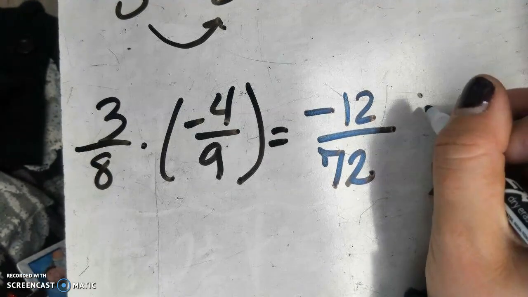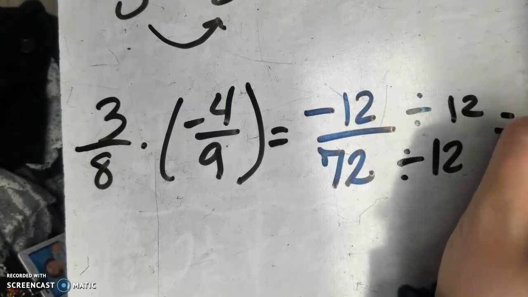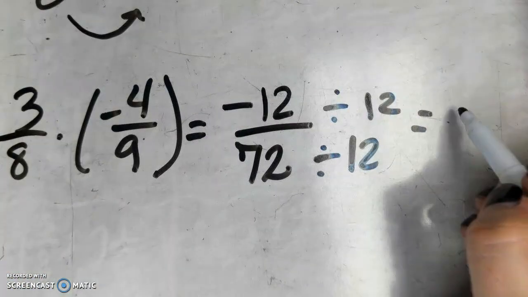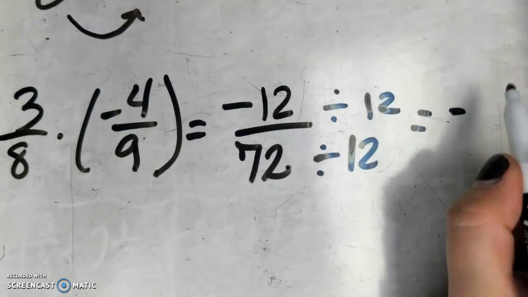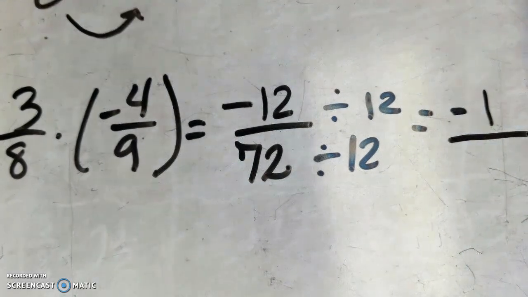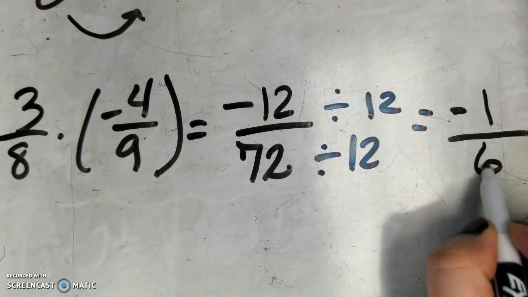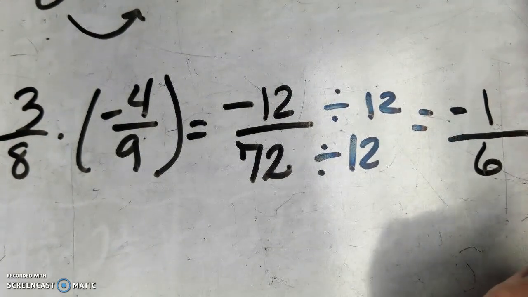Let's try 12. We've got to keep the negative out here. Negative 12 divided by negative 12 is going to give me 1. And then 72 divided by 12 should give me 6. So I should have negative 1/6.